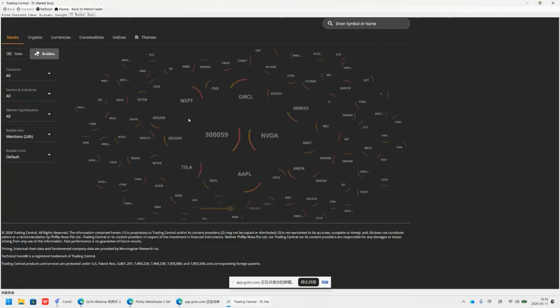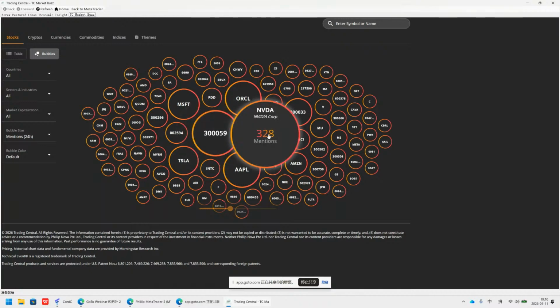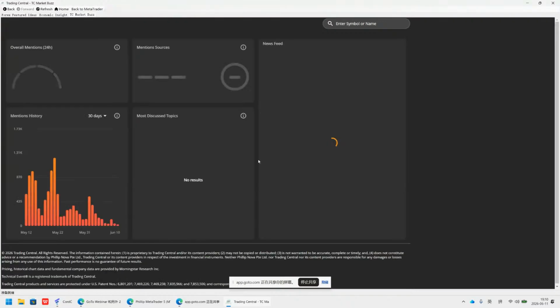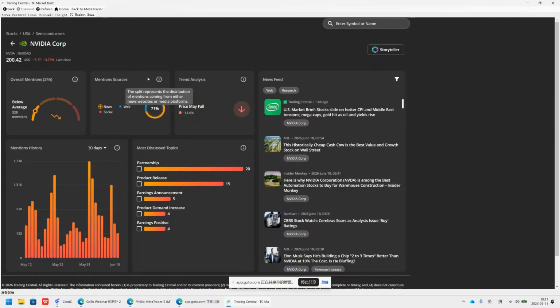news every day to provide a concise, accurate view of the market's latest buzz on any given instrument. For instance, if we choose NVIDIA as an example, we click on the bubble, and now we can see different charts and scores. We can find the number of overall mentions in the past 24 hours, mention sources, and trend analysis.